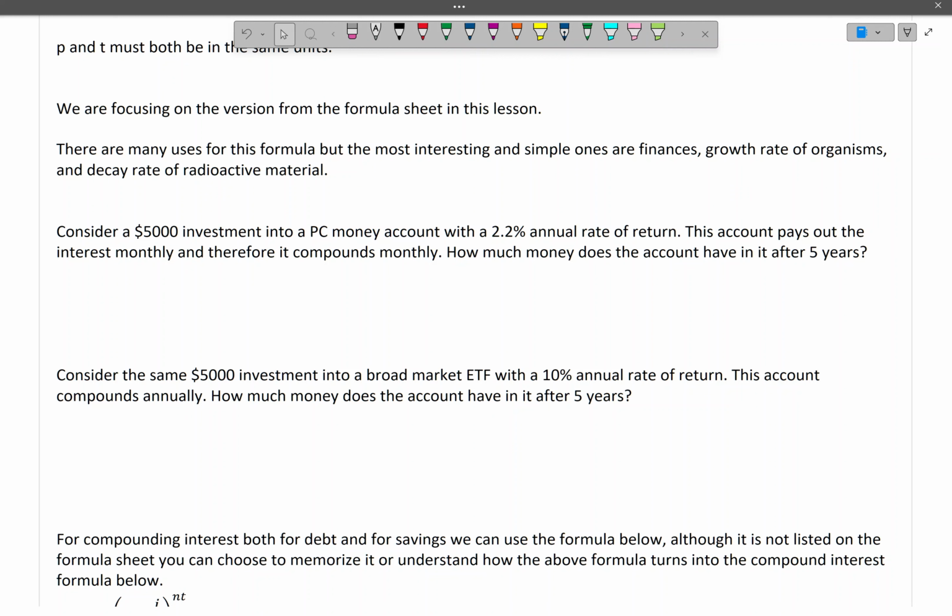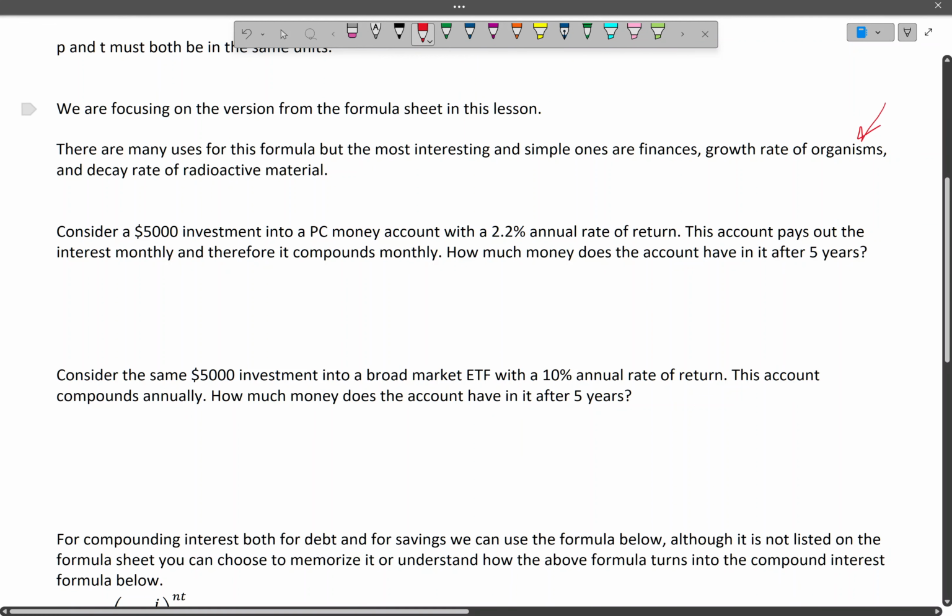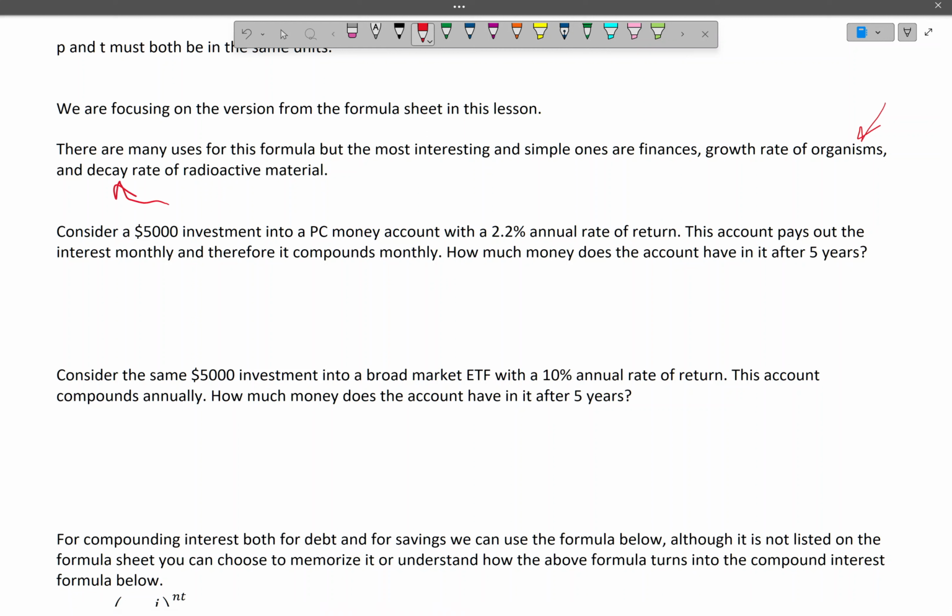With that said, if you go into ecology, then growth rate of organisms and biology and bacteria growth will all have to do with the growth rate of organisms, more important than finances. If you go into physics, which is my favorite, then the decay rate of radioactive materials might be more interesting. So, there's more than just these three. These are just the three that I'm picking here, but keep in mind this stuff is useful for different reasons.